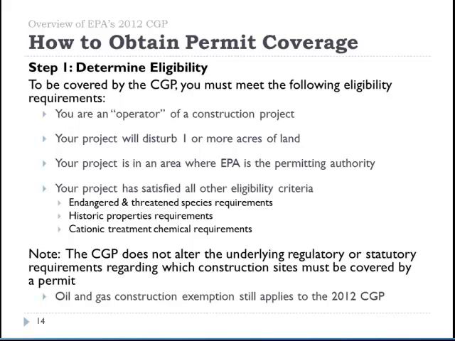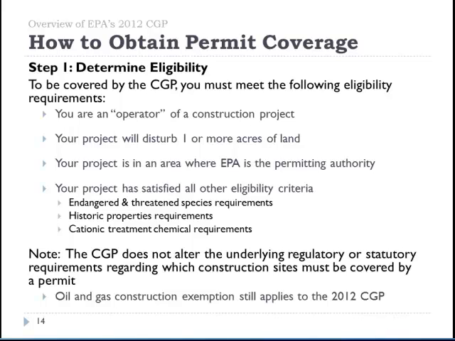To be covered by the CGP, you need to meet some initial eligibility requirements. The first requirement is that you are an operator of a construction project, and the operator includes both the traditional general contractor as well as the owner of the project, the owner being someone who has control over the project design and specifications. Both entities, and sometimes they may be the same entity but often are different, will be required to apply for coverage.